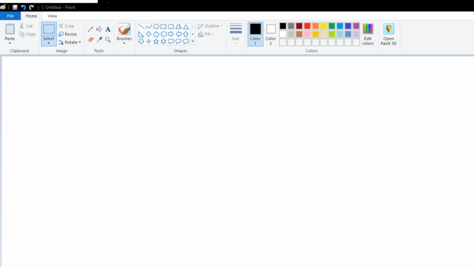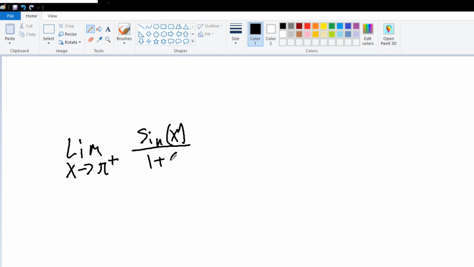There we go. Okay, so the limit, it's not from the left, it's the limit as x goes to pi from the right of sine x over 1 plus cosine x.